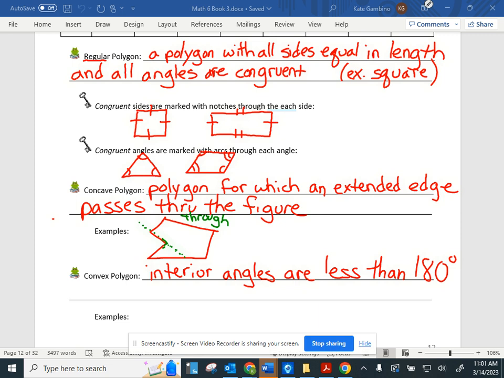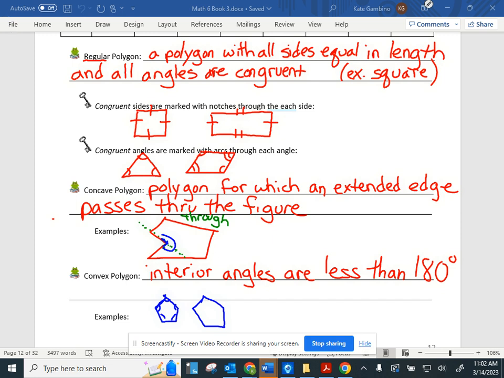So if we were looking at interior angles, the inside, if we looked at this, it's going to be bigger than 180 degrees because it goes all the way around. So if it is a convex polygon, our angles are all going to be less than 180 degrees.